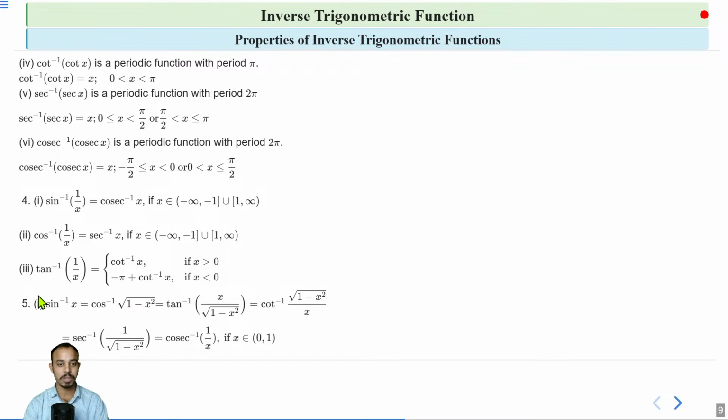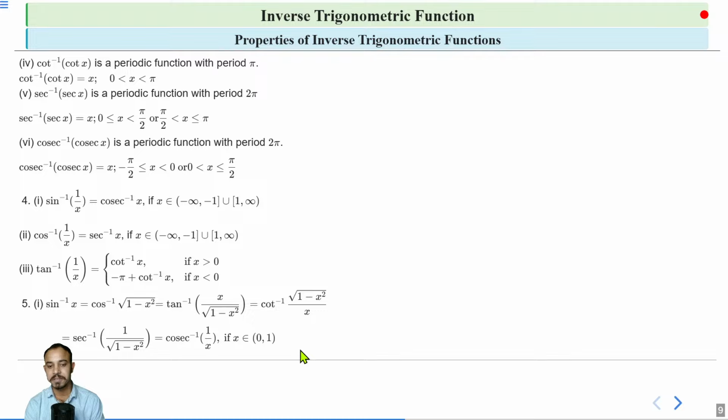Remember this. Note this property, a very important property, and this one also is very important and useful. All the properties are useful and important, but these two are especially important. So keep all these properties in mind.